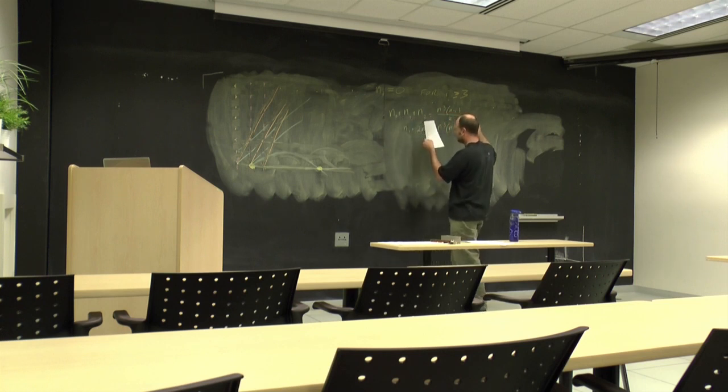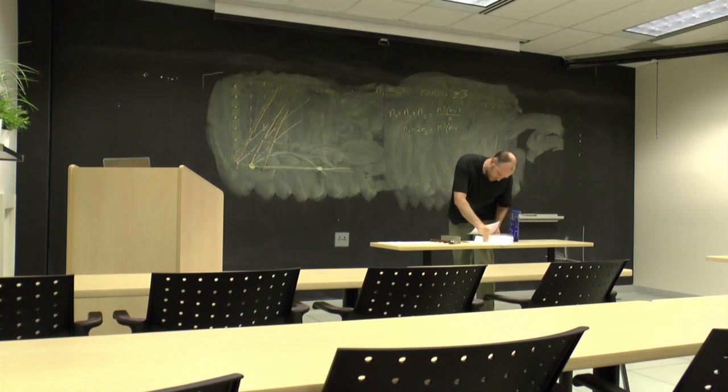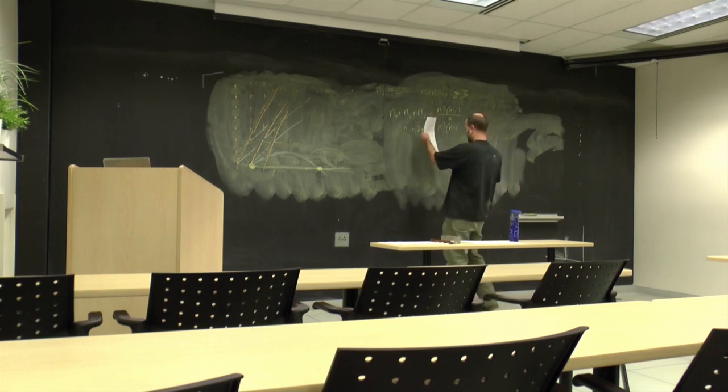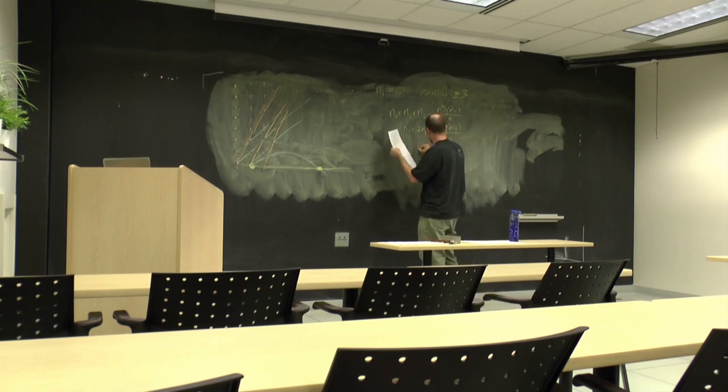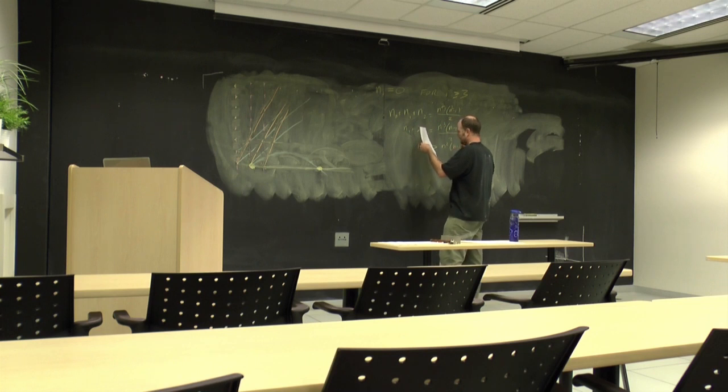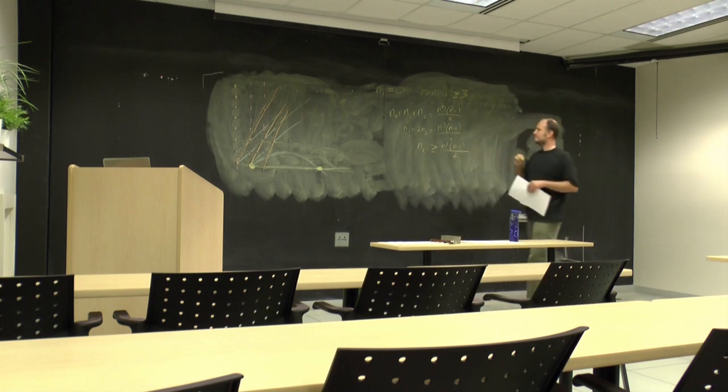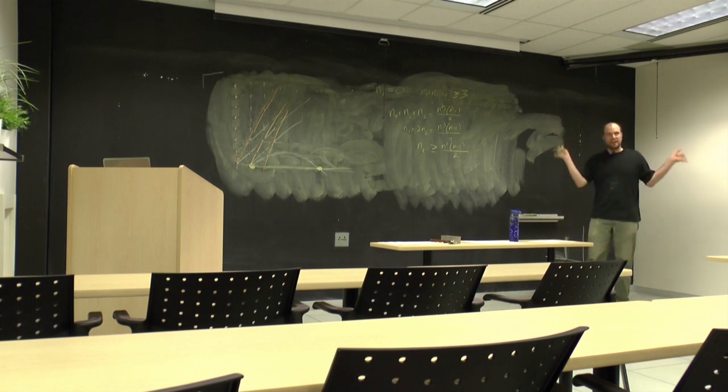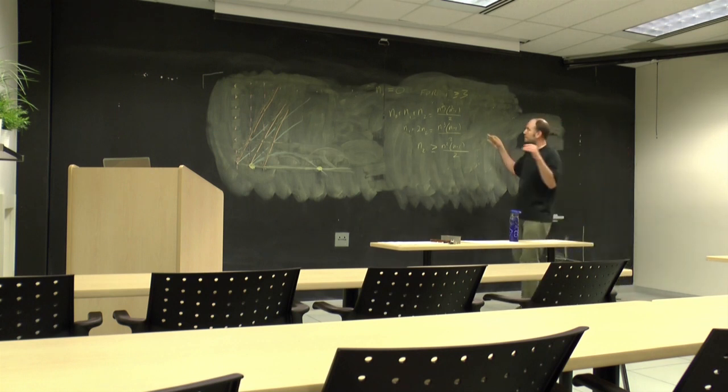I have a typo in my notes. And n2 is at least this. So if all the ni's go away, for i bigger than 3, my 3 equations become this.